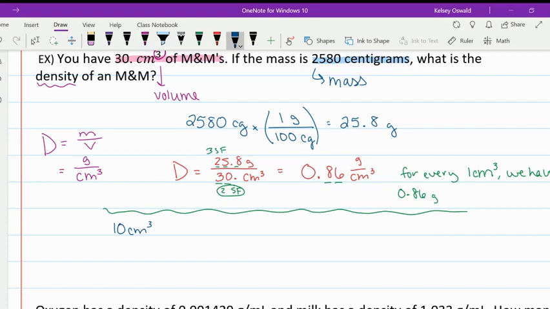If I know for every 1 centimeter cubed we have 0.86 grams, I can use that as a conversion factor. So that means if I have 10 centimeters cubed, I would have a mass of 8.6 grams of M&Ms. So that density tells me how many particles I should have per unit of volume.